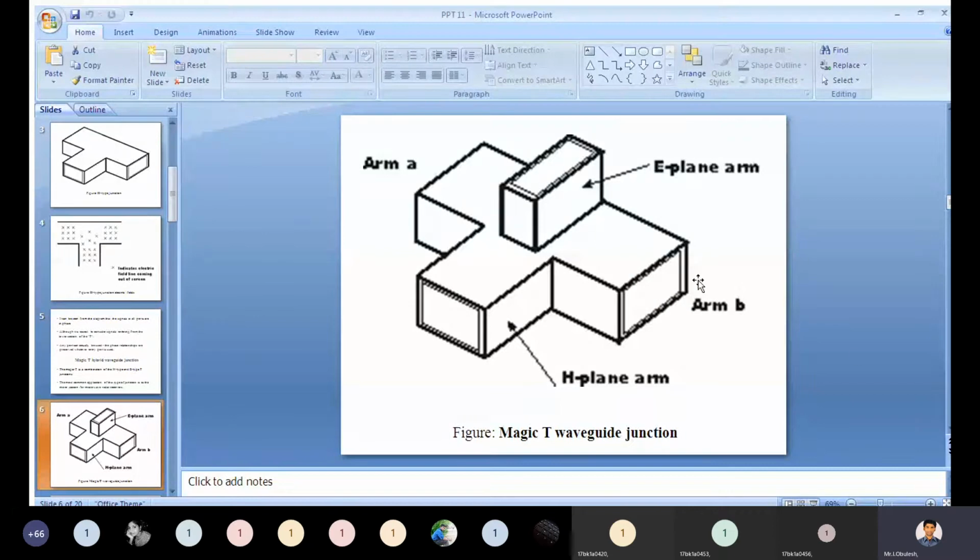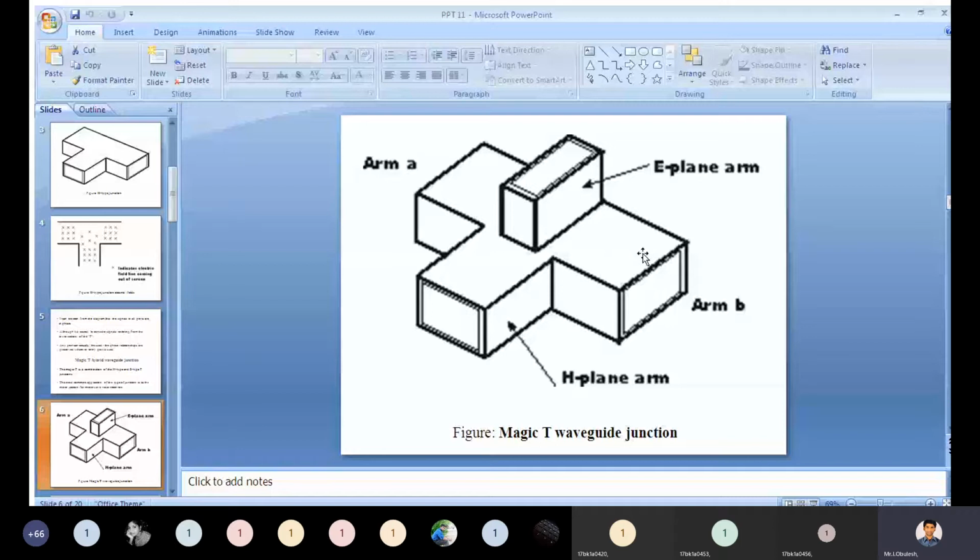You need to remember, when a signal is applied into the E plane arm, it will be divided into 2 out of phase components as it passes into the 2 legs consisting of the A and B arms.